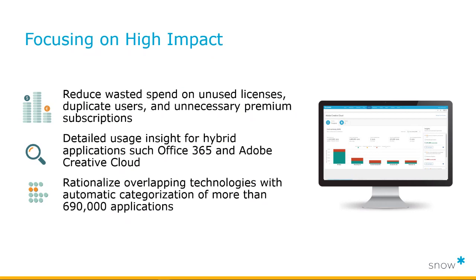So highlighting, for example, where you've got duplicate users or people using cloud and on-premise licenses. And we also have individual connectors for the likes of Microsoft 365 and Adobe Creative Cloud. So with those, you have a quick and easy way to optimize and see recommendations that the product can give you around those particular products.